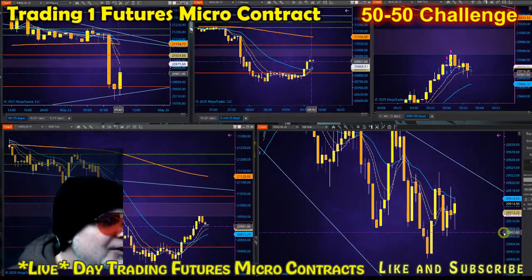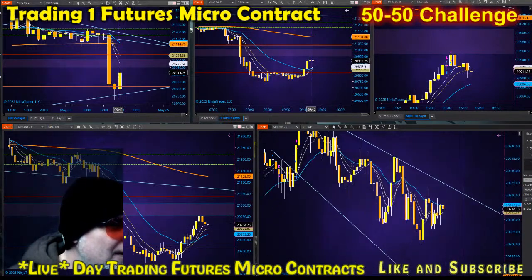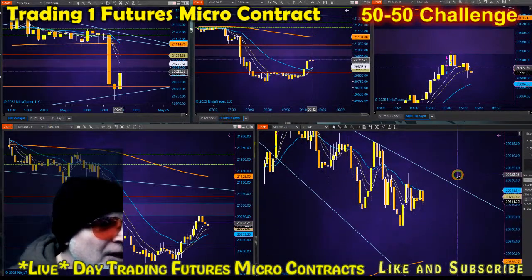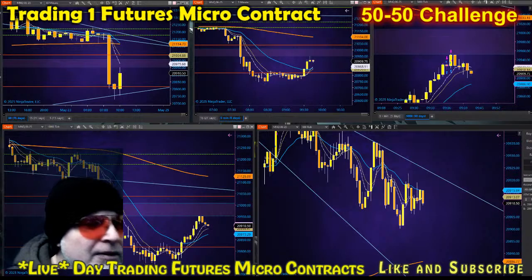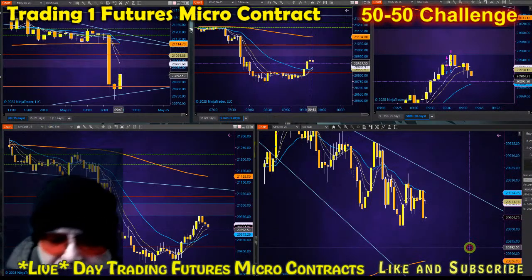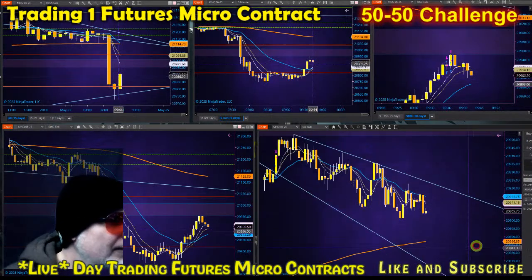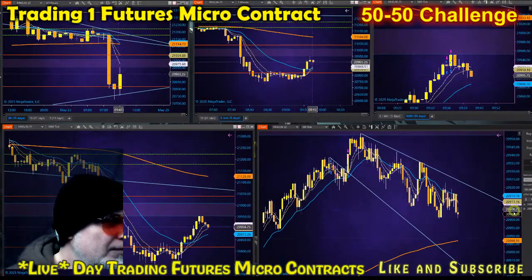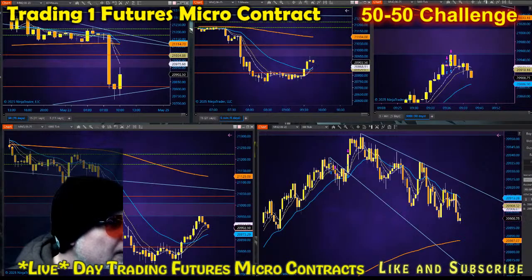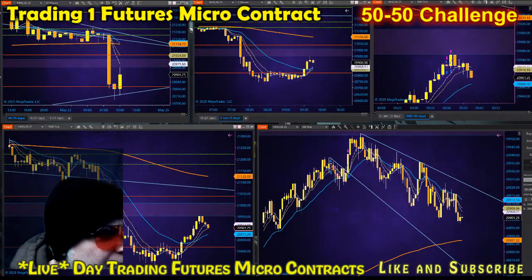Like right here, it's just too choppy to really... I want to go short on it, but it's so choppy right here. So choppy.